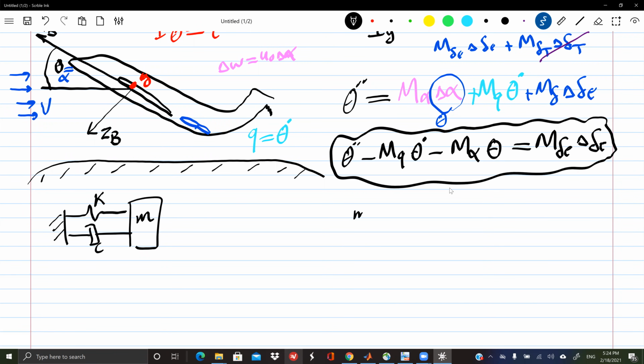Well, it's m x double dot plus c x dot plus k x equals the forces, where this is the force and this is the displacement in the same direction. Correct? And I can simply divide by mass. So this is C over M, K over M, F over M.